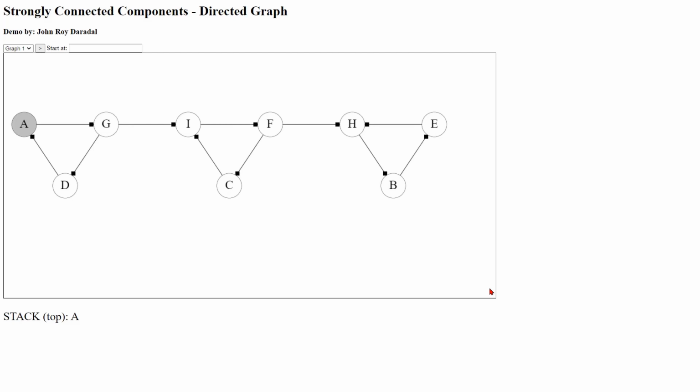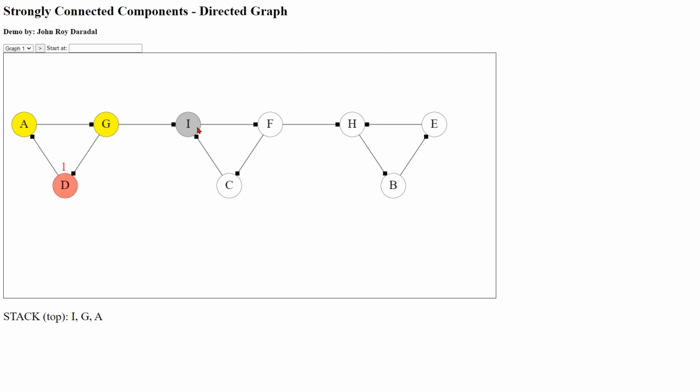So from A we'll go to G, and then G will go to D and I. So D or I, so we'll process D first, and then from D, it's a dead end because D doesn't have any neighbors that haven't been visited yet. So once we reach a dead end, we will label that as 1, okay? Because we haven't labeled anything yet, so it's the starting label, 1.